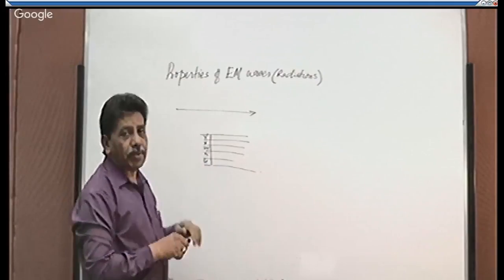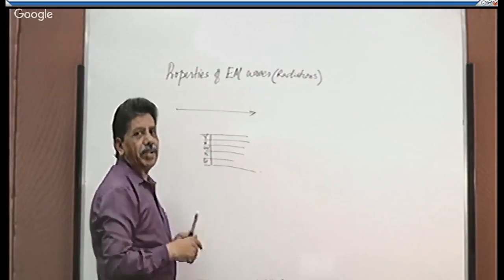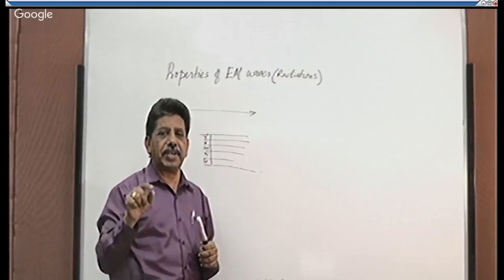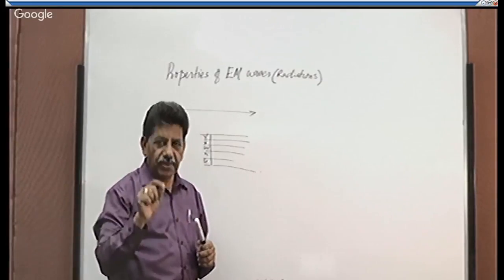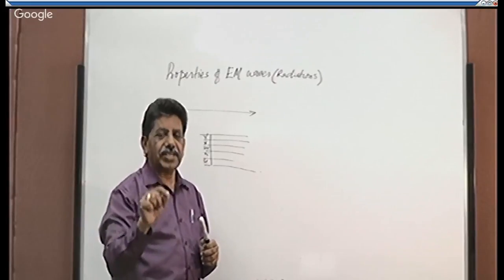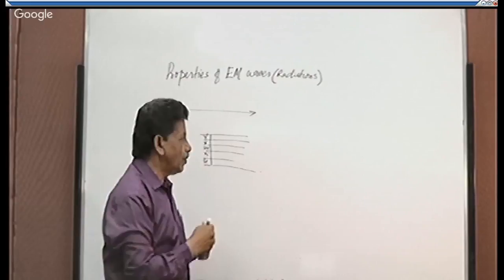And all electromagnetic radiations, as I told you, have crest and trough. Therefore, the formation of crest and trough gives the evidence that electromagnetic radiations are transverse.